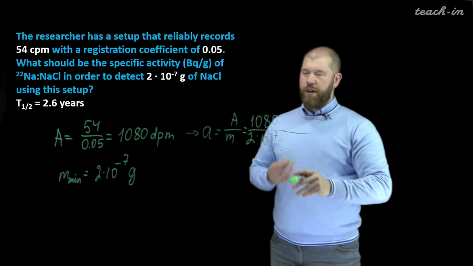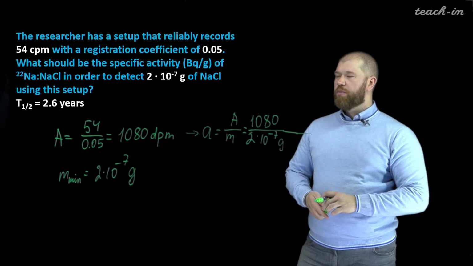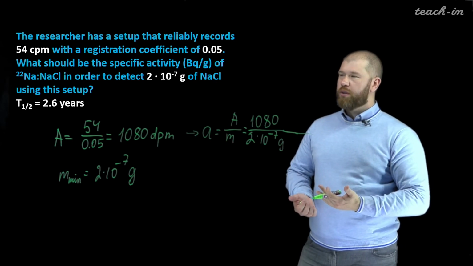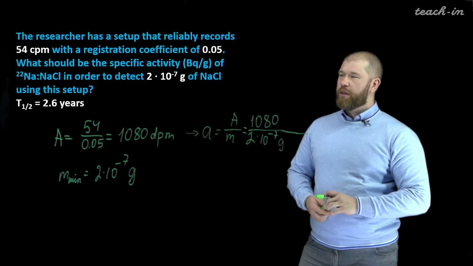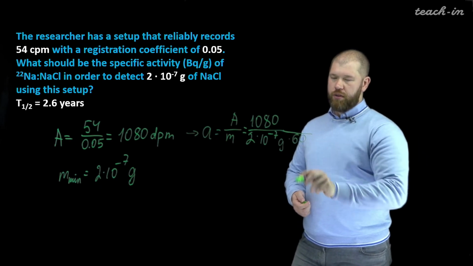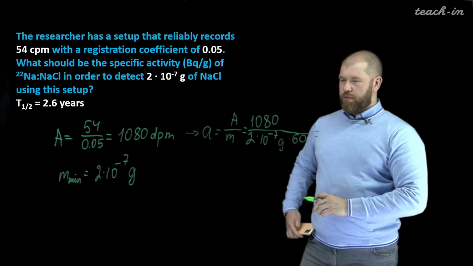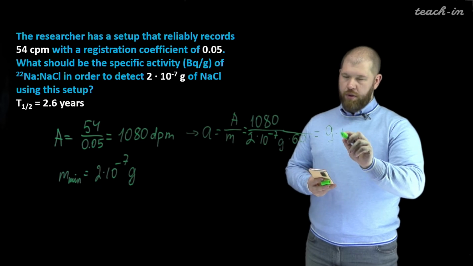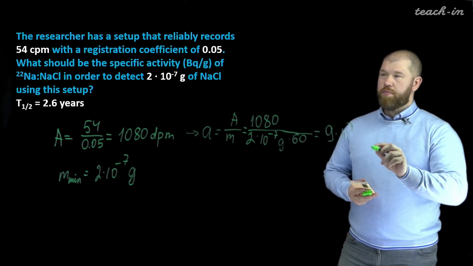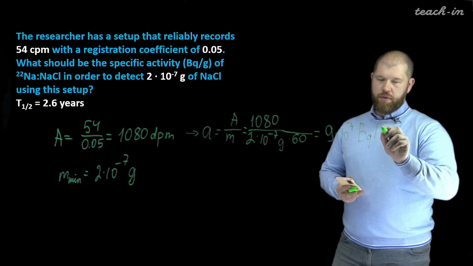But also we have to convert activity from dpm, disintegration per minute, to becquerels, because we need to calculate becquerels per gram. So we recalculate it like this, and 9 to 10 to 7 becquerel per gram.